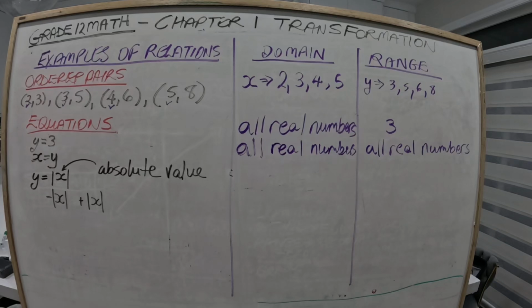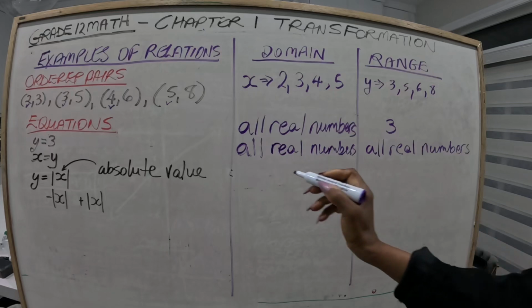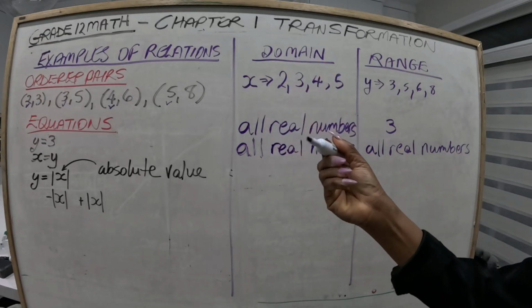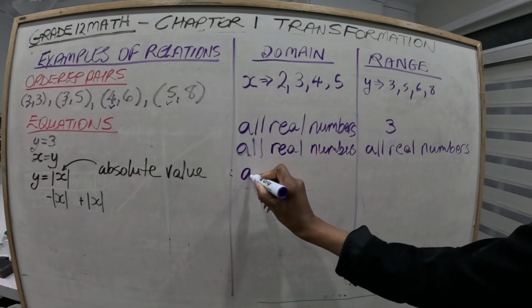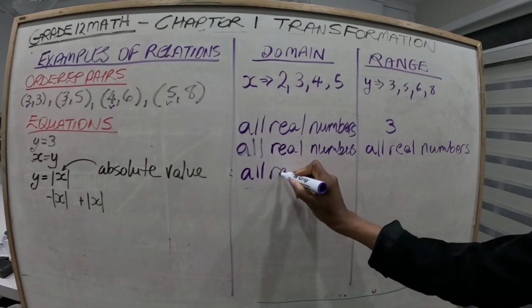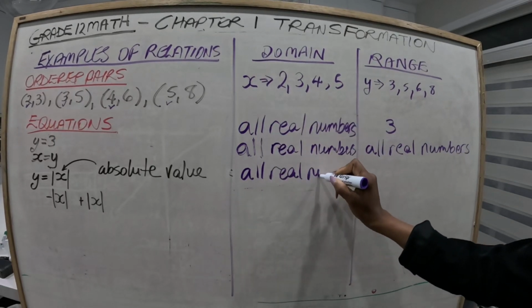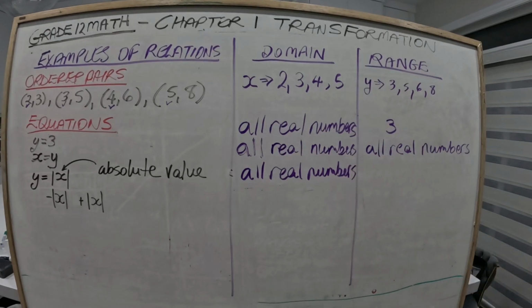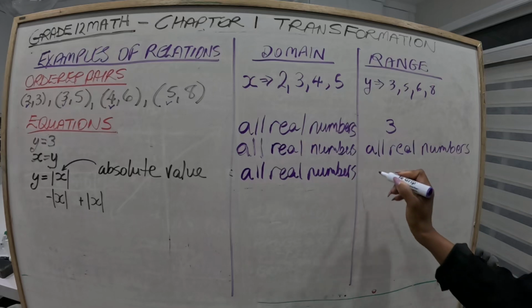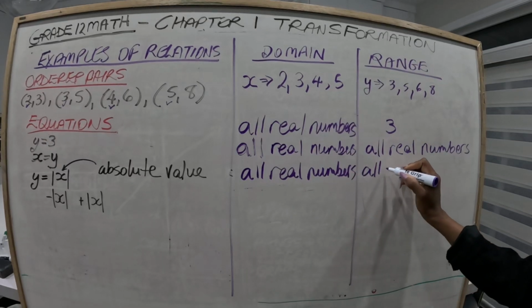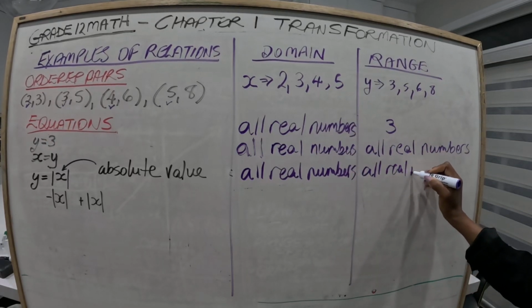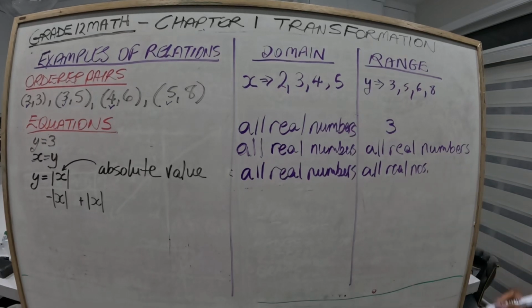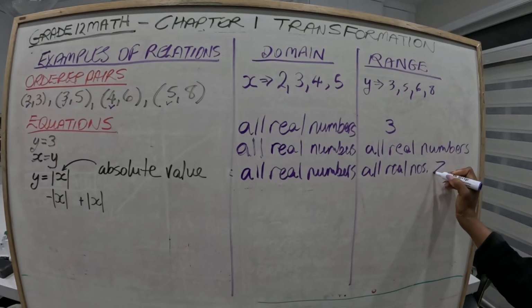And in that case, again, all real numbers is the domain. That means x can be any real number. And in that case, the range must be greater than or equal to 0.